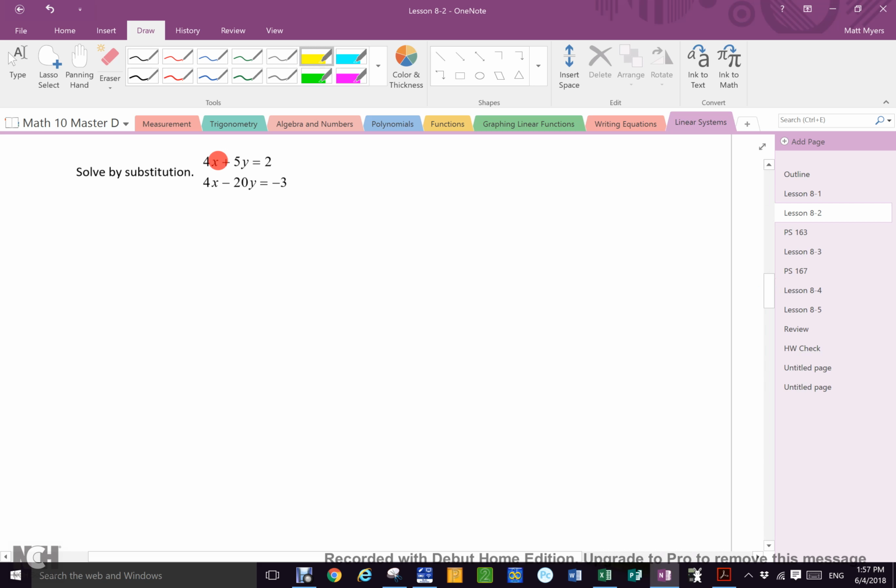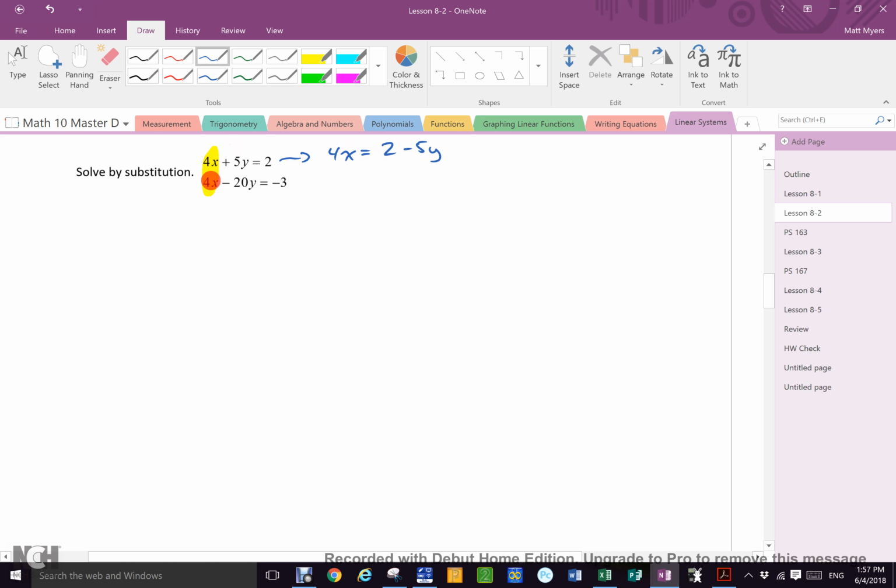What do you notice there? They're both 4x, aren't they? So does that not mean that 4x equals 2 minus 5y? Is everyone okay with that?